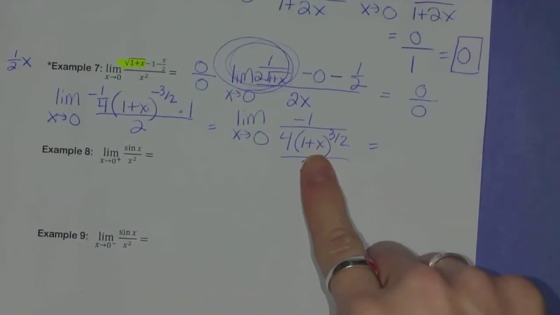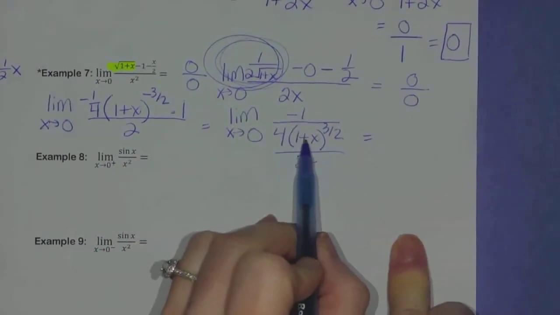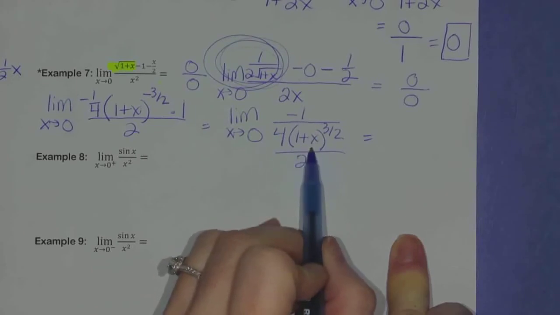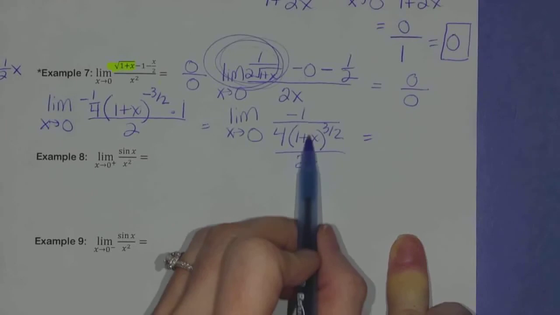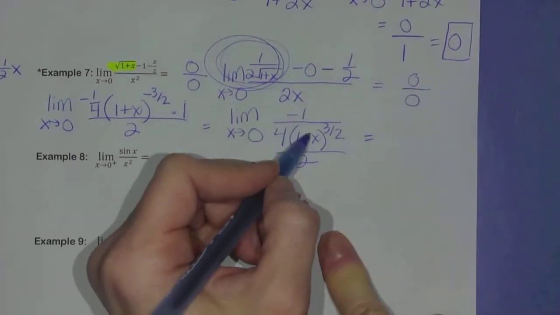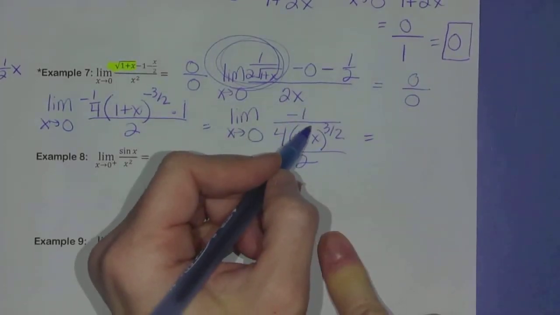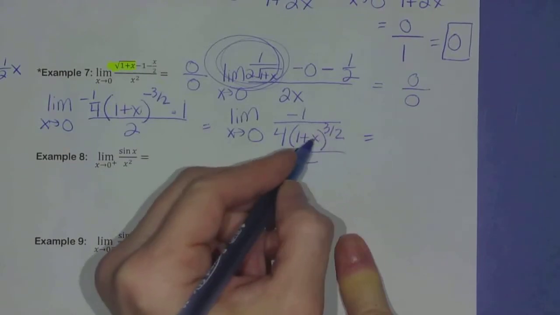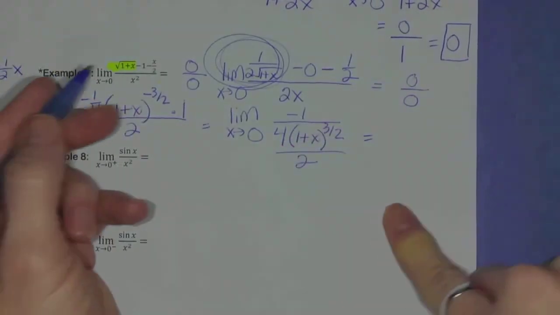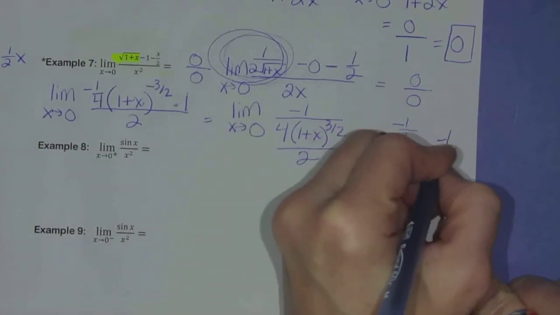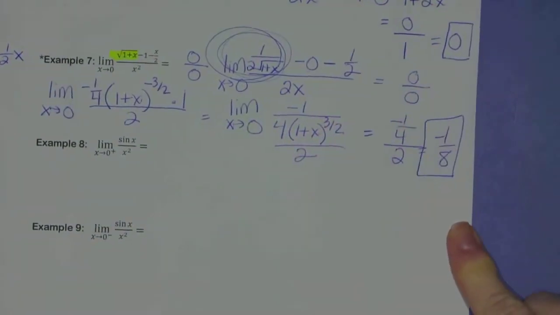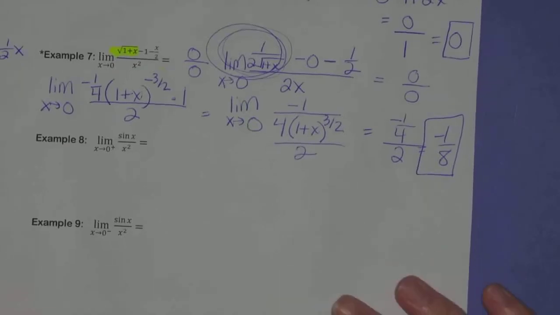Now when I plug my 0 back in, 1 plus 0 is 1. 1 raised to the 3/2 is still 1. 1 raised to any power is going to be 1. Or you could think of it as the square root of 1 is 1 and 1 to the 3rd is 1. So basically we have -1/4 divided by 2, and that's -1/8. Final answer.